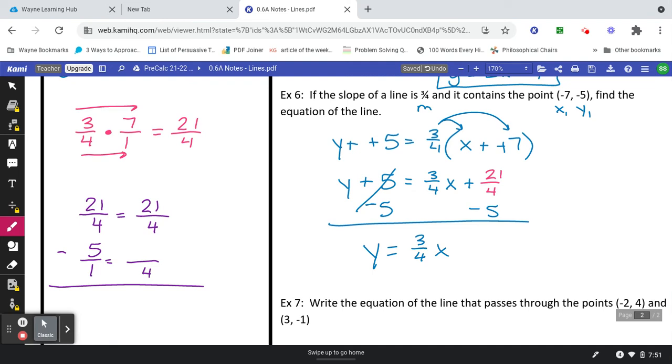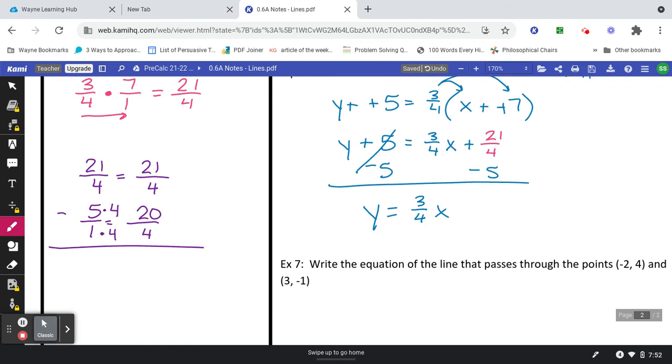And in order to get 1 to be 4, I have to multiply it by 4 at the bottom. And of course, I have to do that same thing at the top to get 20 over 4. Then you subtract. 21 minus 20 is 1. And you keep the denominator the same, 1/4. There's your final answer.